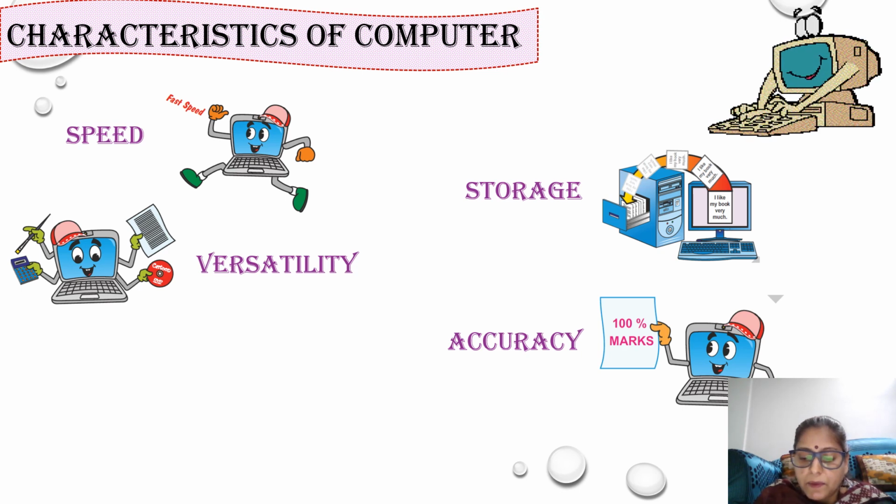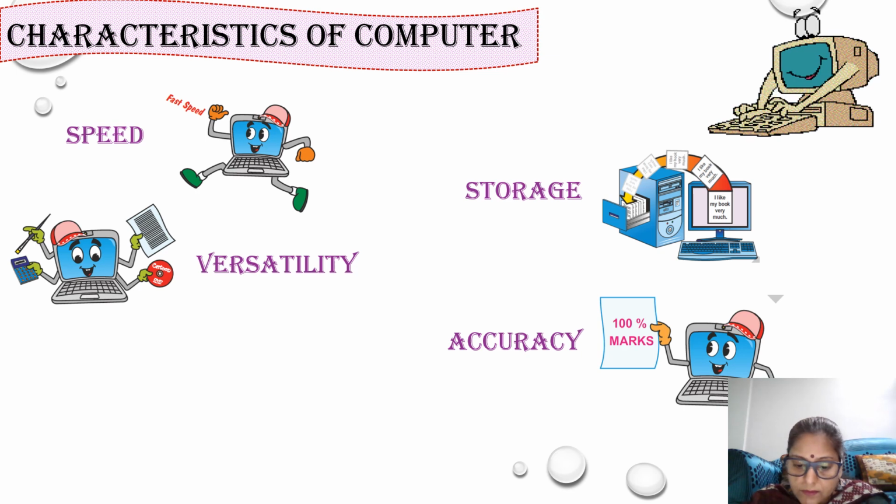Means errors may occur in a computer system but only because of wrong human input or inaccurate data. It means computer can work with accuracy. Means there is not any error. It cannot make a mistake on its own. It gets results mostly 100%, right? So this is the fourth characteristic of computer, right?